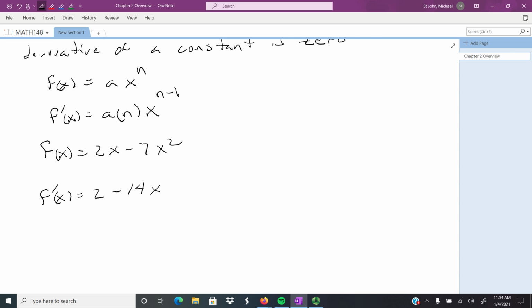And let's say I have this one. f of x equals 7x cubed minus 14x squared plus the square root of x. Well, the first thing I want to do is rewrite this and get rid of the radical.